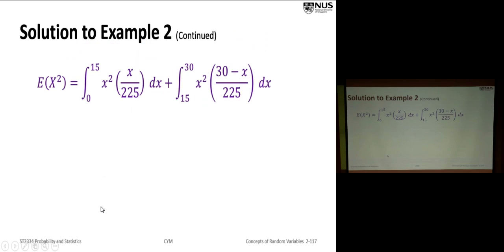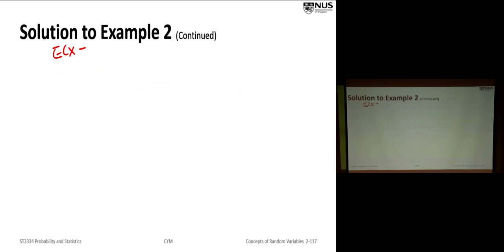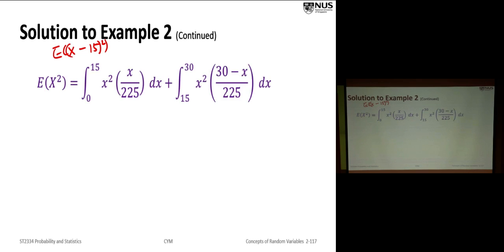All right. So how about the variance? This time, instead of looking at expectation of x minus 15, squared, I work on variance of x equal expectation of x squared, then minus 15 squared.